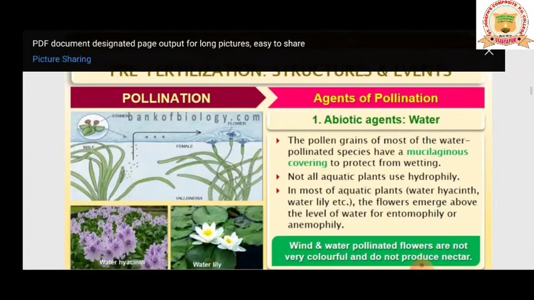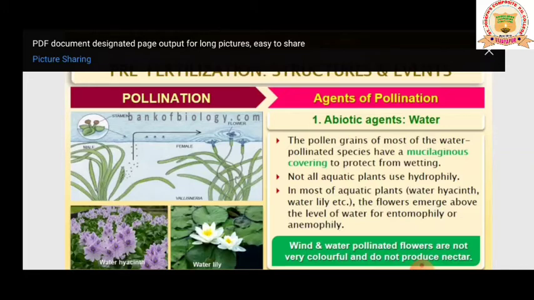Now, the pollen grains of most of the water pollinated species have a mucilaginous covering to protect them from wetting. Everybody knows that anything which comes in contact with water gets wet. So the pollen grains produced in water pollinated flowers have a mucilaginous covering so that they can protect themselves from the water.